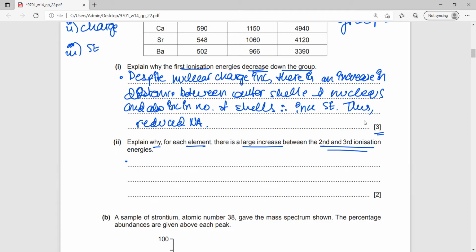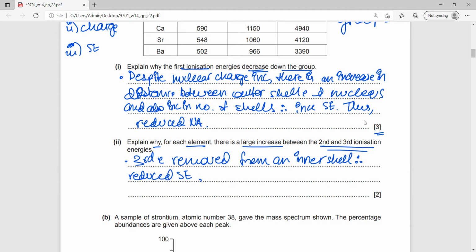You can word this in many ways, but the proper way would be: third electron removed from an inner shell, because the entire outer shell is removed, therefore reduced shielding effect, so stronger nuclear attraction.